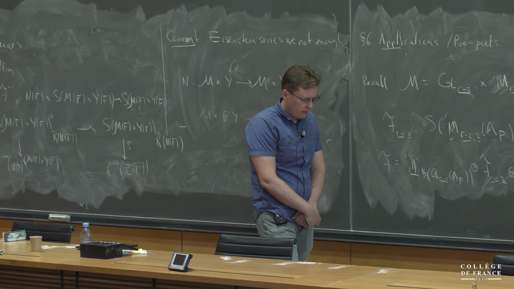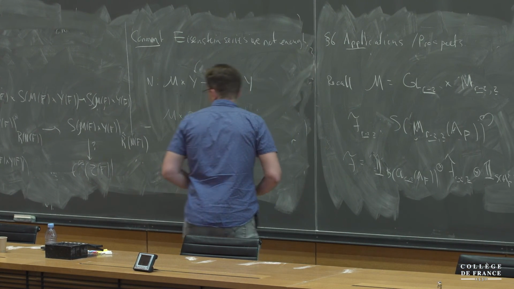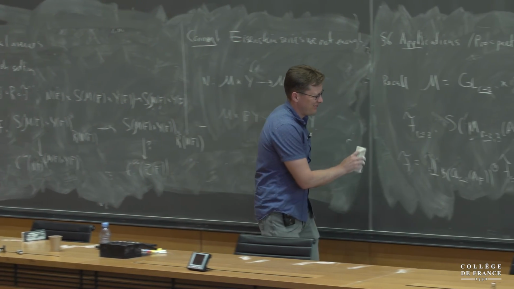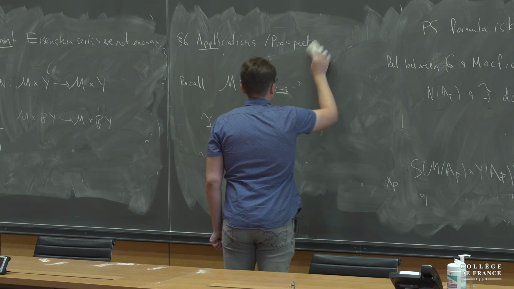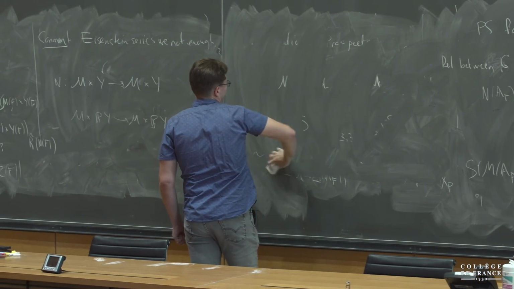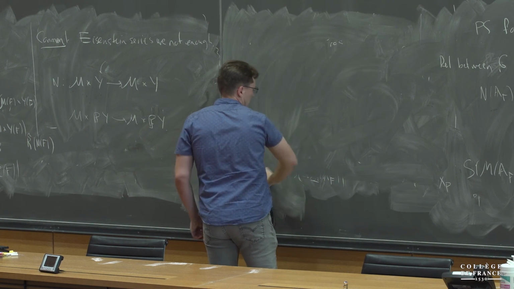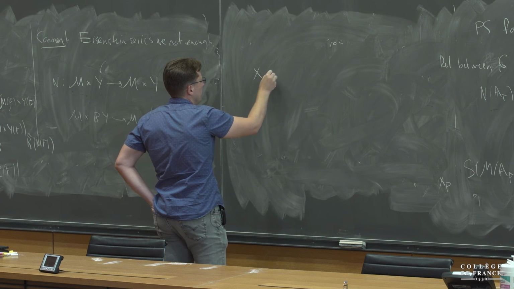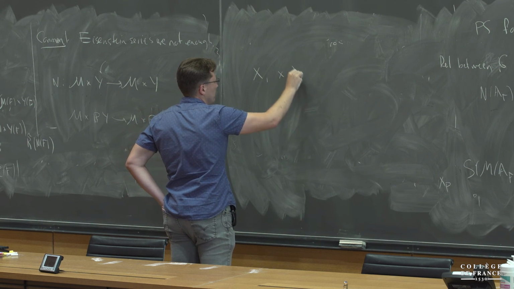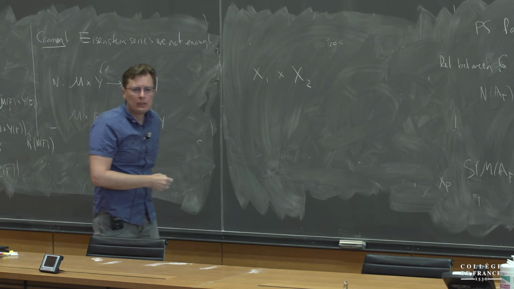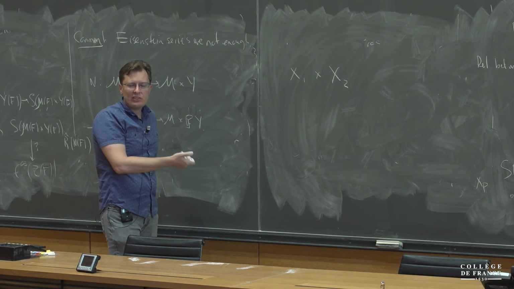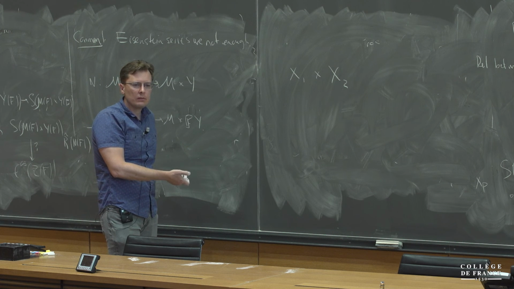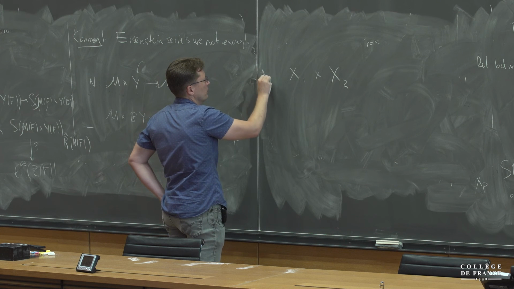So the general idea is this. Let's say you have a Poisson summation formula for X1 and X2, and you have some group action that mixes them. Then it's not obvious how to get a Poisson summation formula for the quotient. Let's say I have a unipotent group action.